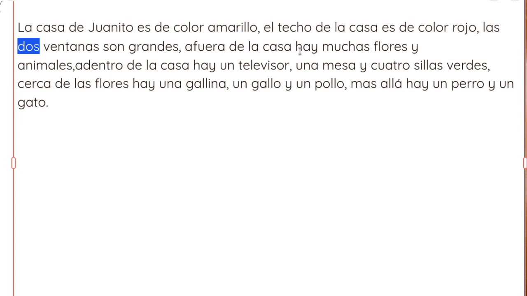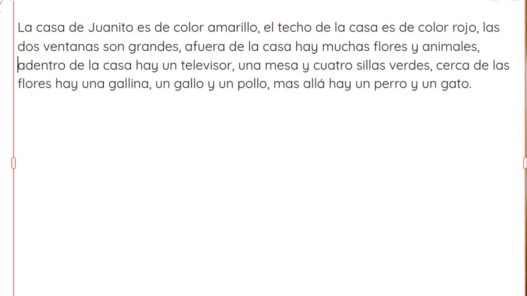Afuera de la casa hay muchas flores y animales. Afuera, we saw it already, that is outside of the house. There are, hay, muchas flores y animales. Adentro de la casa hay un televisor.